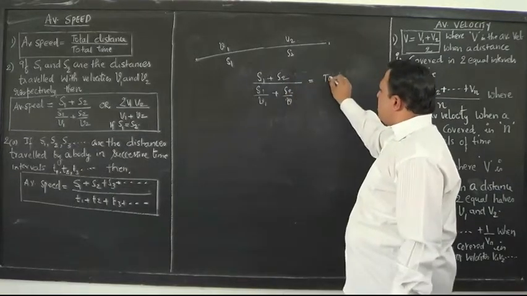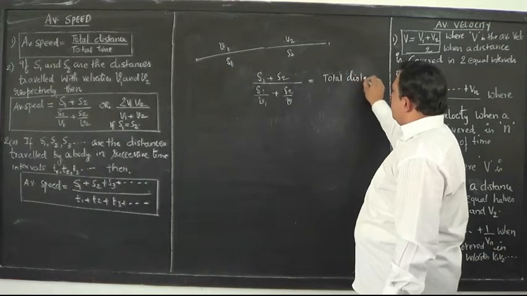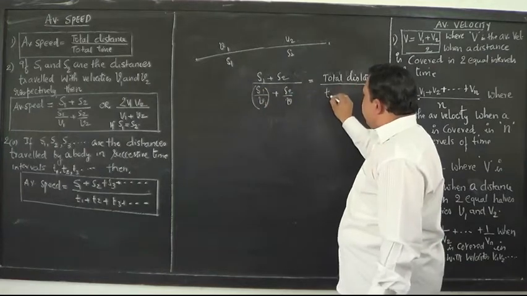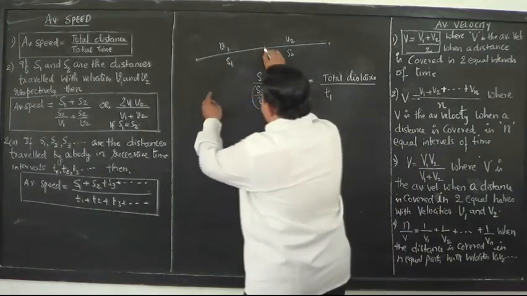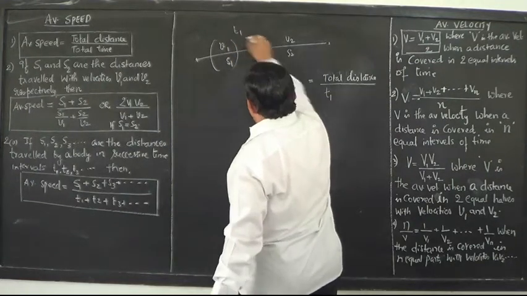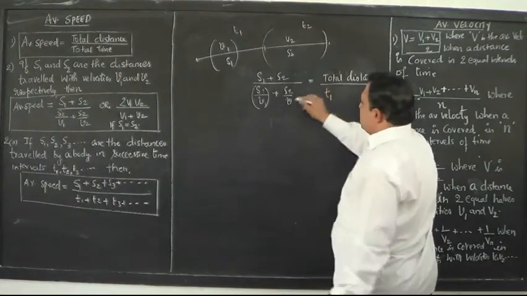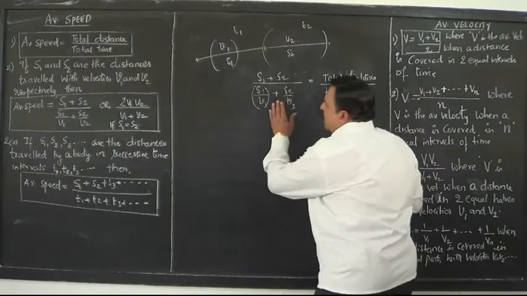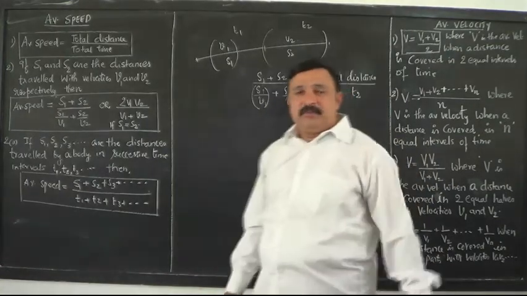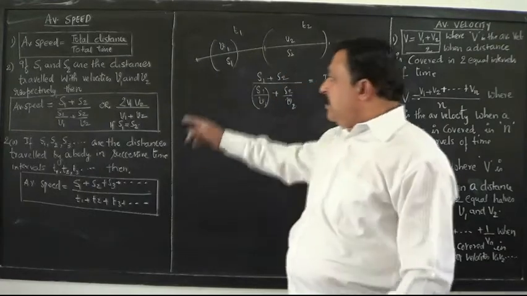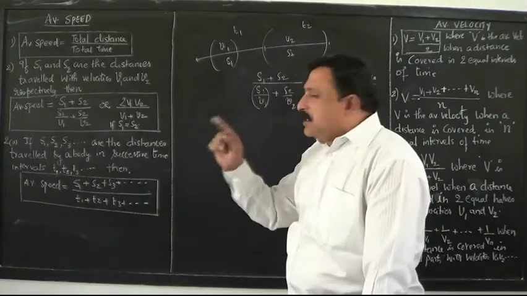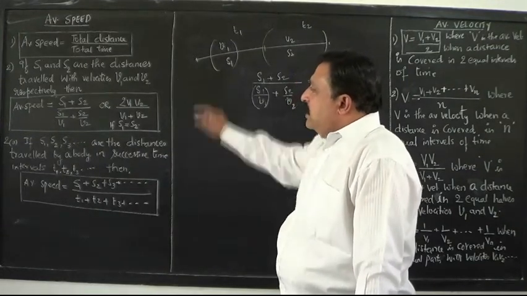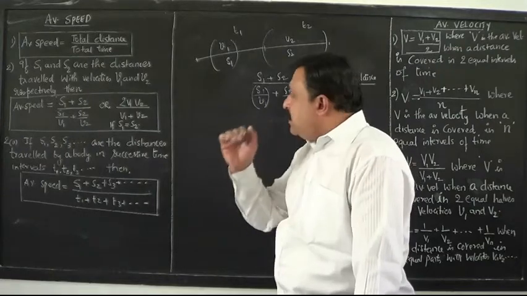Again, this is nothing but total distance over total time, where S1 by V1 is T1, the time to cover this part of the journey, and S2 by V2 is T2, the time to cover this part. So you can find the average speed of a body by using the formula S1 plus S2 over S1 by V1 plus S2 by V2, if S1 and S2 are the distances travelled with velocities V1 and V2.